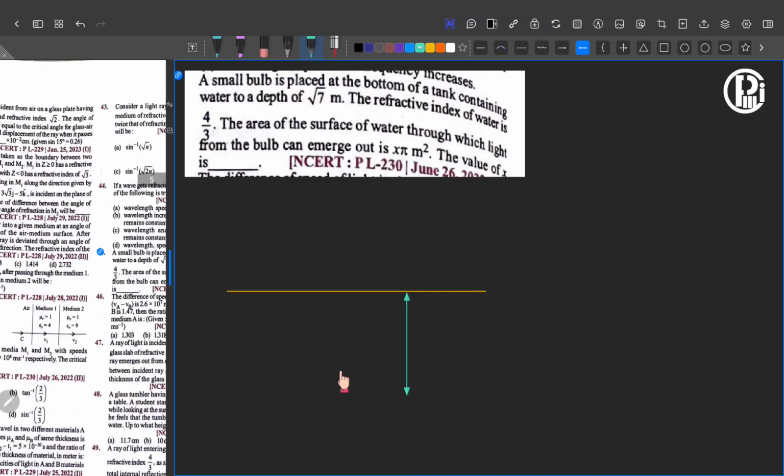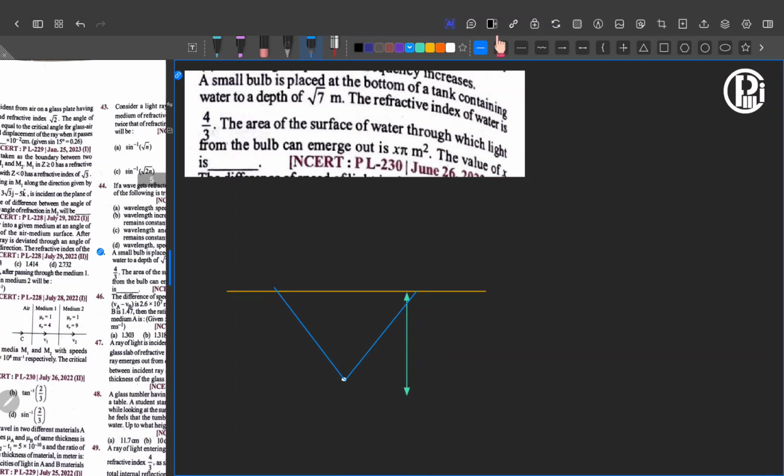So there is a bulb over here. Now this is the interface and the water is up to root 7 meters. Now we have to find out the area of this. We already explained this concept, right? So let's say the light is coming like this, from here as well as here.